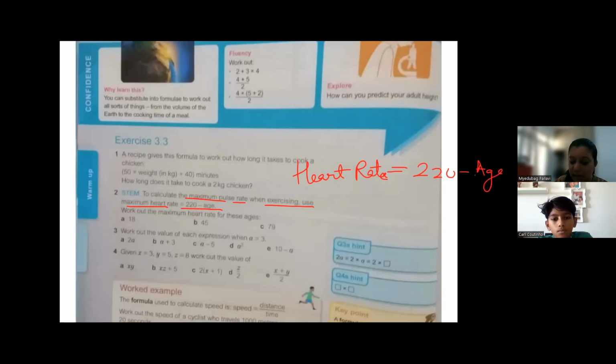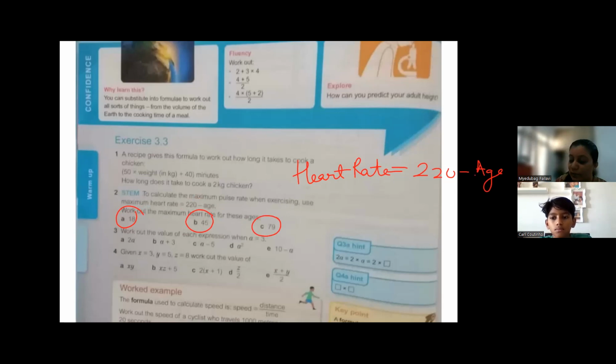That will give us the value for heart rate. Let's see the question: work out the maximum heart rate for these ages. Different ages are given: 18, then 45, then 79.